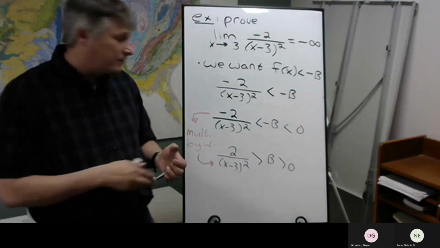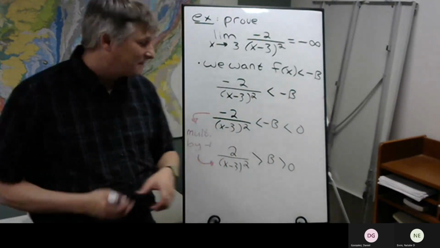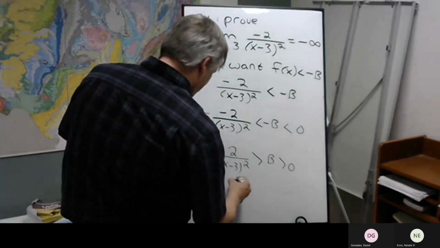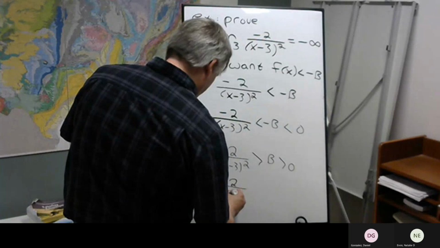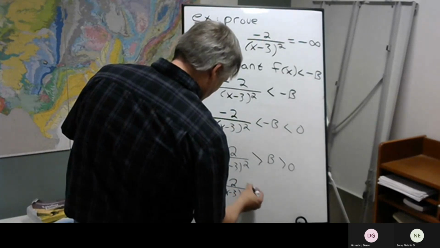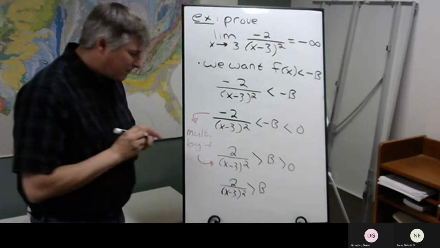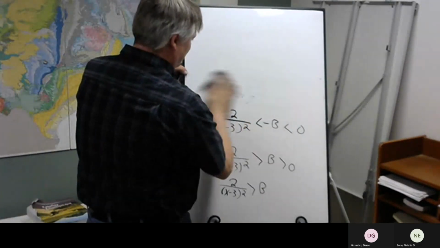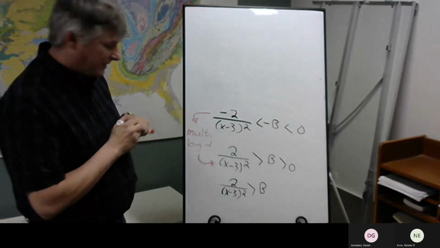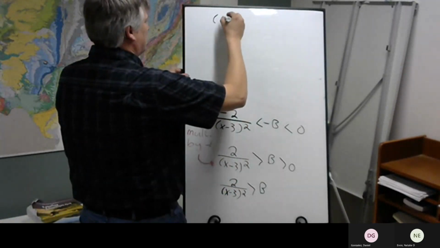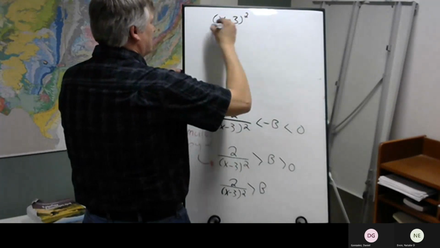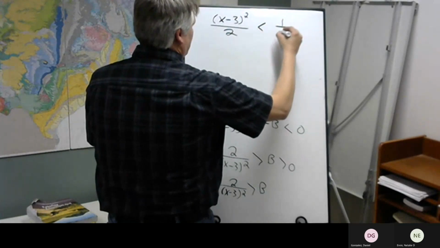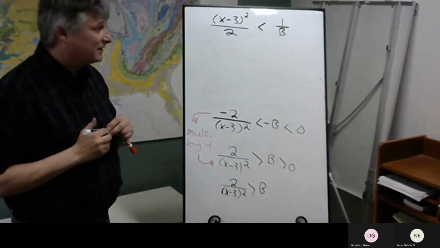And when you multiply through by a negative, it switches all the inequalities around. So we'll focus in on this. Now what we're going to do is take reciprocals. And if we do that, what we're going to get is, again, our inequality is going to flip. So we get something like this.